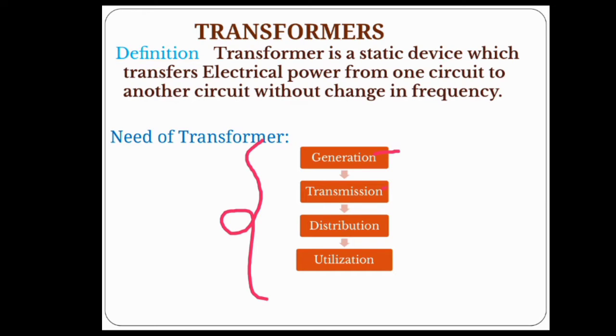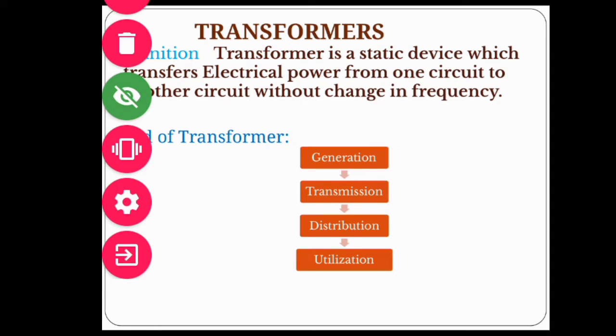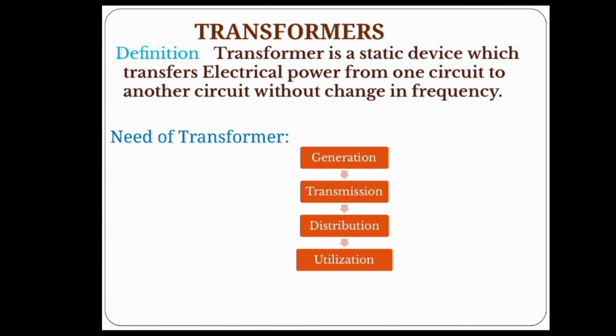So in the transmission network the power may be 132 kV, 240 kV. That means the power must be in the high voltage range in case of transmission. Why? If the voltage level increases, the required conductor material decreases.